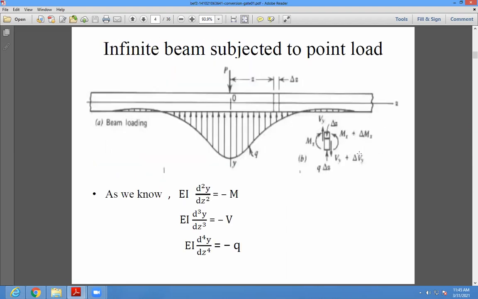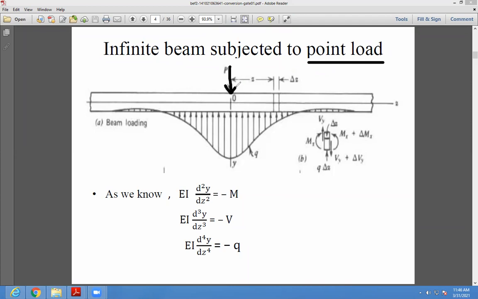Now, an infinite beam subjected to a point load. If you consider the long beam, a point load is applied, suppose P. Q is nothing but the reaction, which acts at the bottom of the beam.